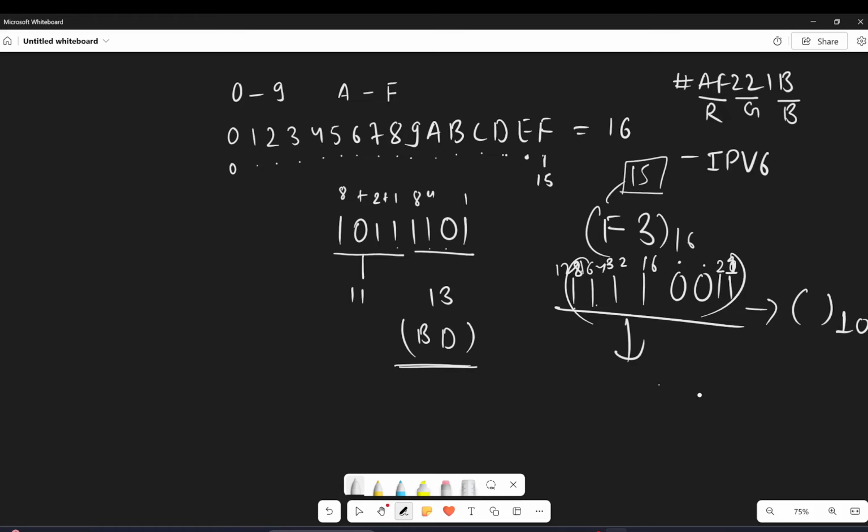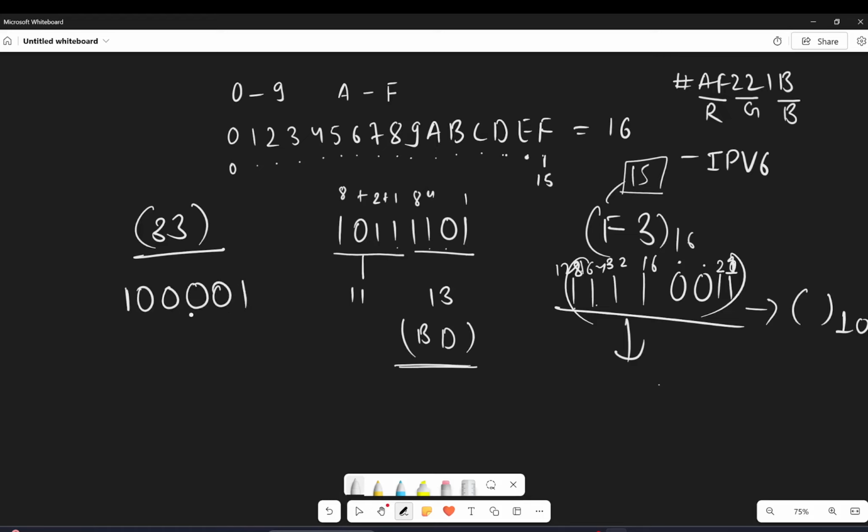Now if we had to go the other way around, the rule is again simple. If we have a denary value of 33, what's the binary equivalent of 33? Well, we definitely need a 32 here. We don't need 16, we don't need 8, we don't need 4, we don't need 2, we need 1.